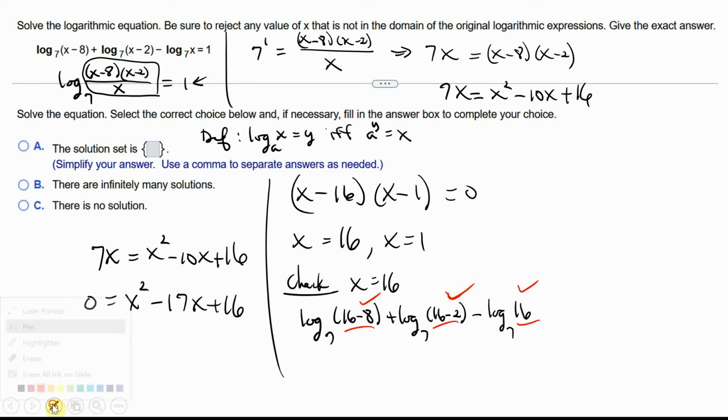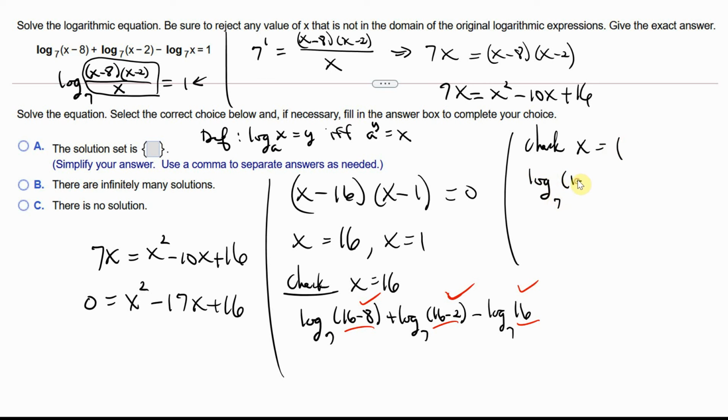So now we check x equal to 1. Plug that into the original. This is log base 7 of 1 minus 8. That result is negative. You can stop there. Just takes one to fail. This is 1 minus 2 minus log base 7 of 1. So this is negative.